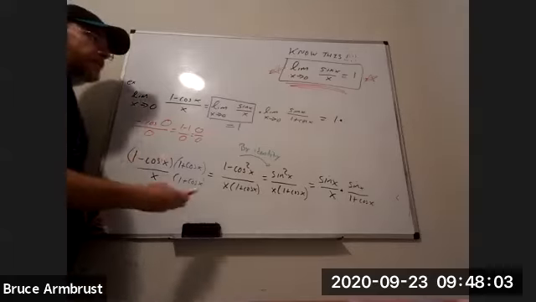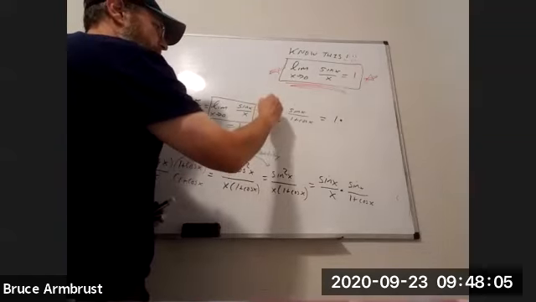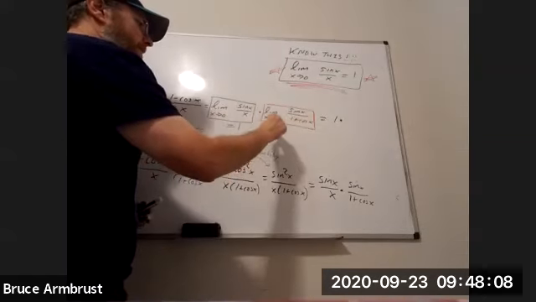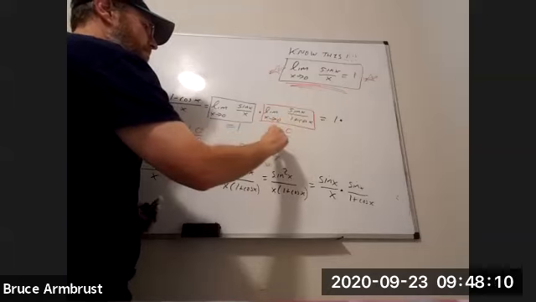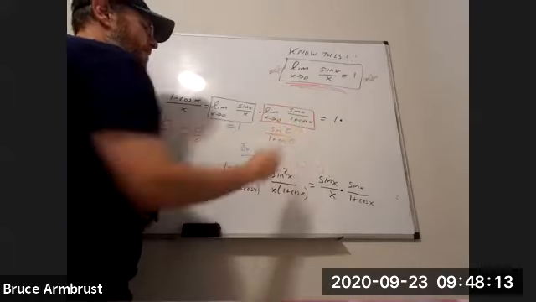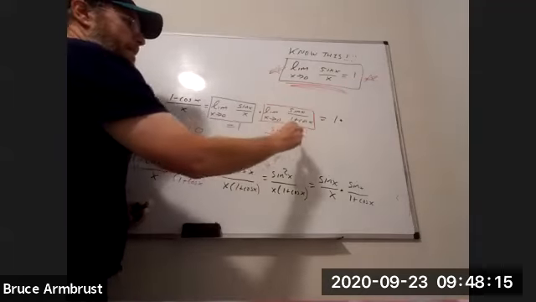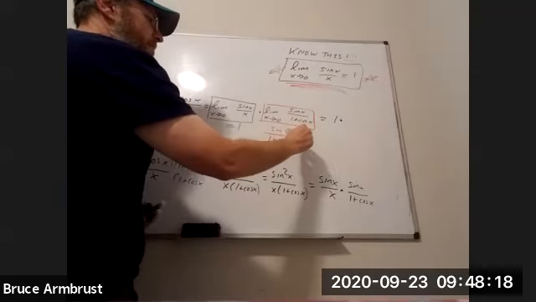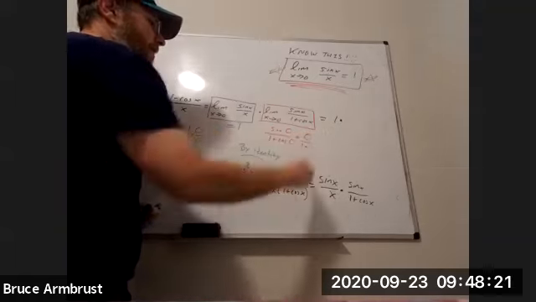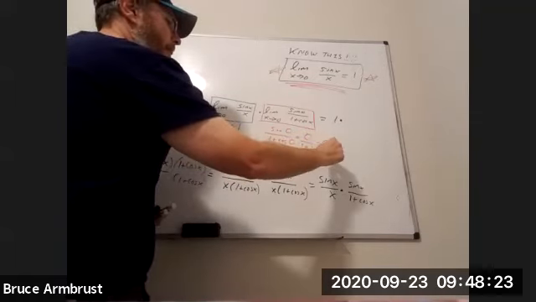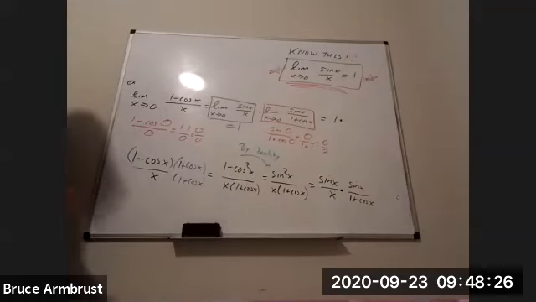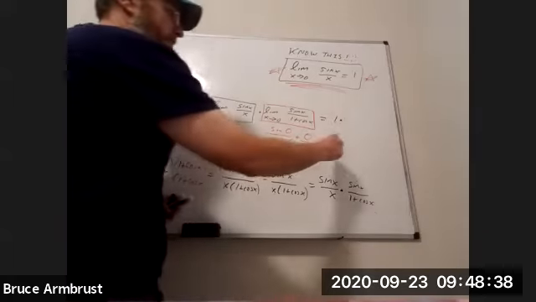Well, let's plug in 0 and see what we get. So we're going to get sine of 0 over 1 plus cosine of 0. Sine of 0 is 0. Cosine of 0 is 1. So that becomes 0 divided by 2, and 0 divided by 2 we can actually calculate. 0 divided by 2 is 0.